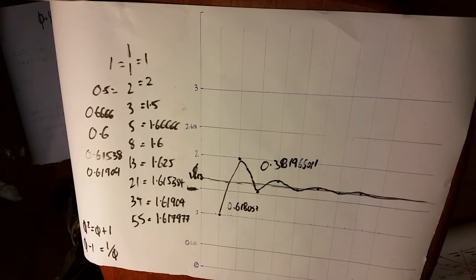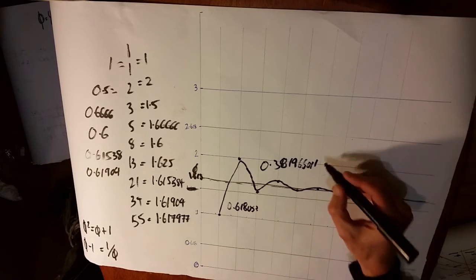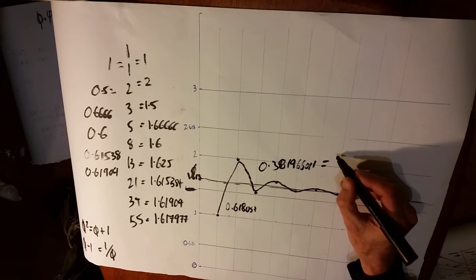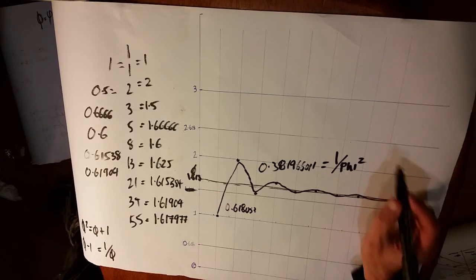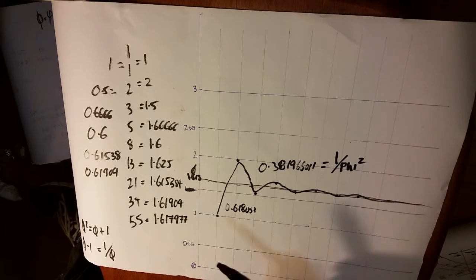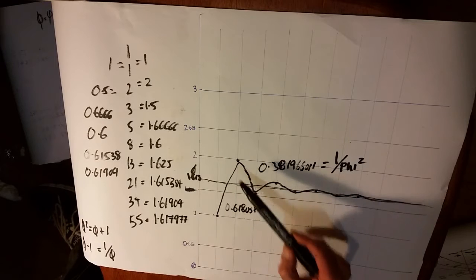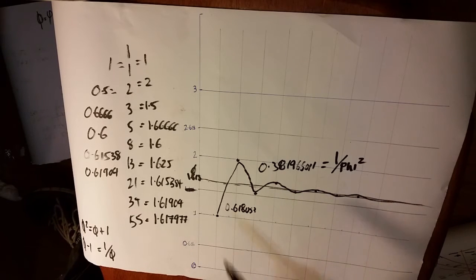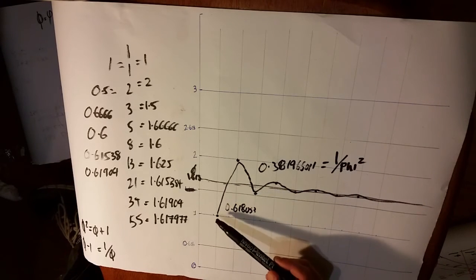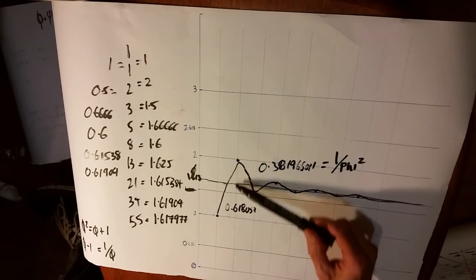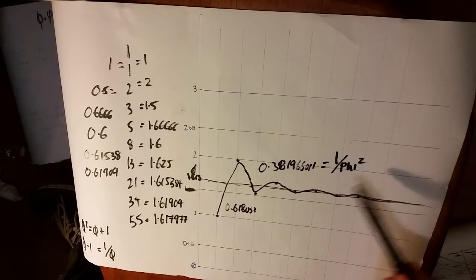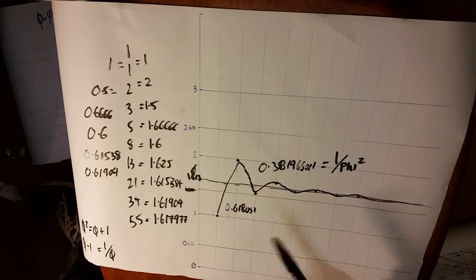That number is 1 over phi squared. So if you follow this through, the margin of error from these Fibonacci numbers is actually a representation of phi itself.